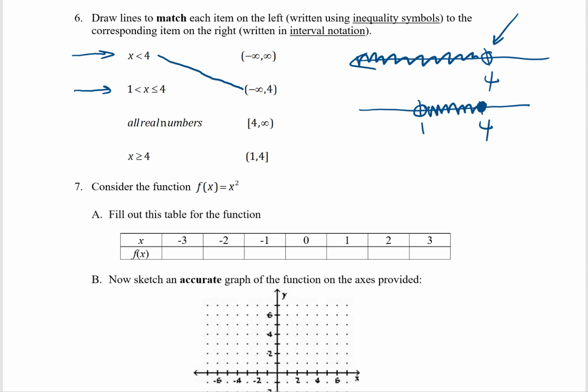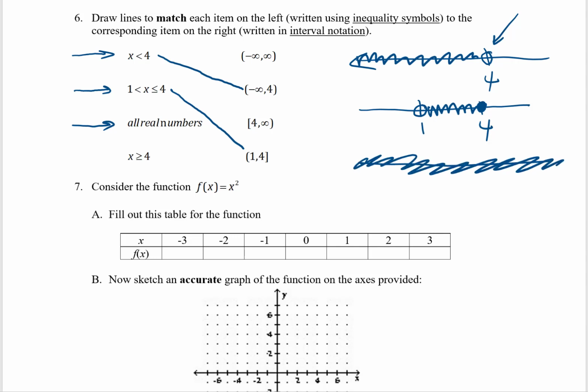And we're talking about all numbers in between. Well, interval notation is just number to the left, 1, comma, number to the right, 4. The 1 will have a parentheses, the 4 will have a bracket because it's filled in, and so there's my answer right there.